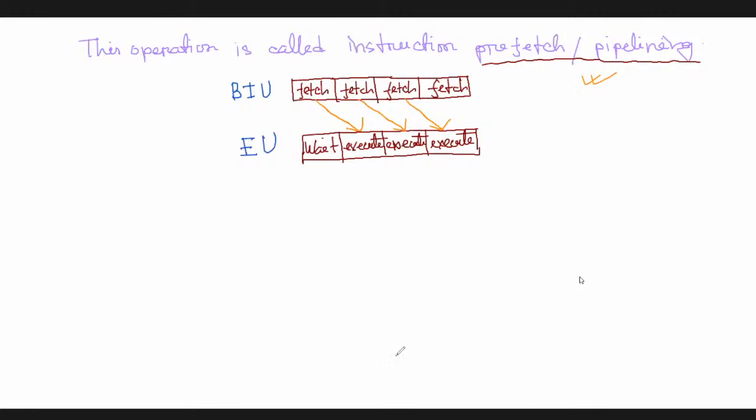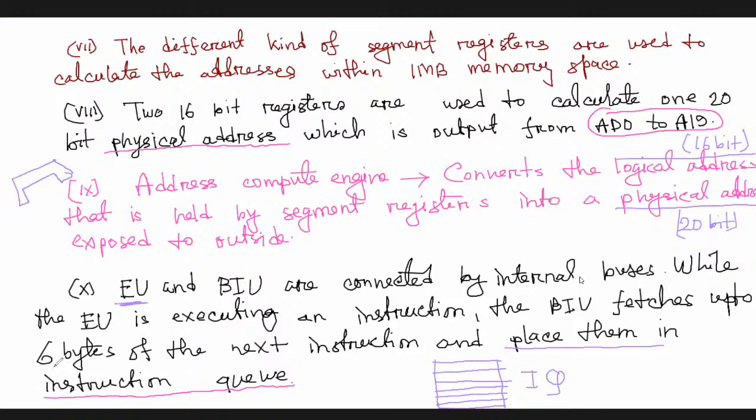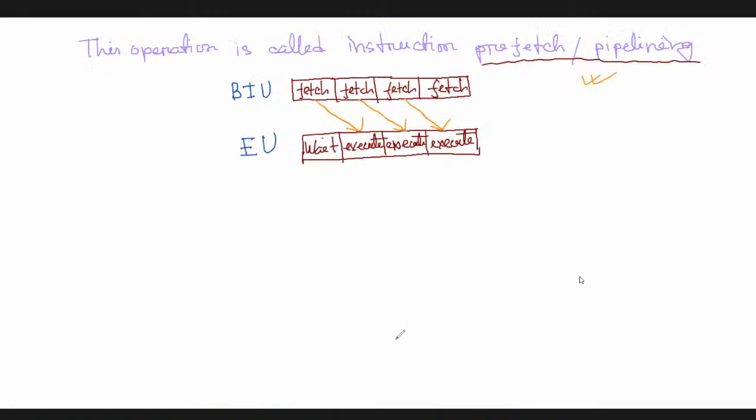Okay, so when the instructions are prefetched, they are stored in the instruction queue, right? So let's talk about the instruction queue a little bit more. This is the diagram of the instruction queue. There are 6 bytes of data stored here. 6 bytes. So what is the instruction queue?